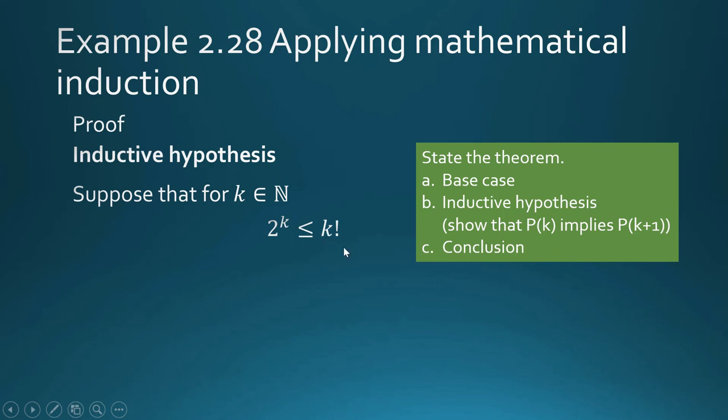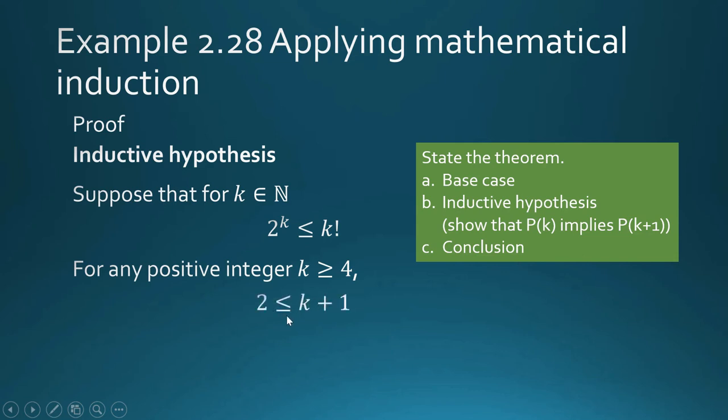In our original proposition, we were using n, but in the inductive hypothesis, you must use a different dummy variable. It can be k, it can be j. For any positive integer k that is greater than or equal to 4, 2 is less than or equal to k plus 1. Of course, this is true because k begins with 4.